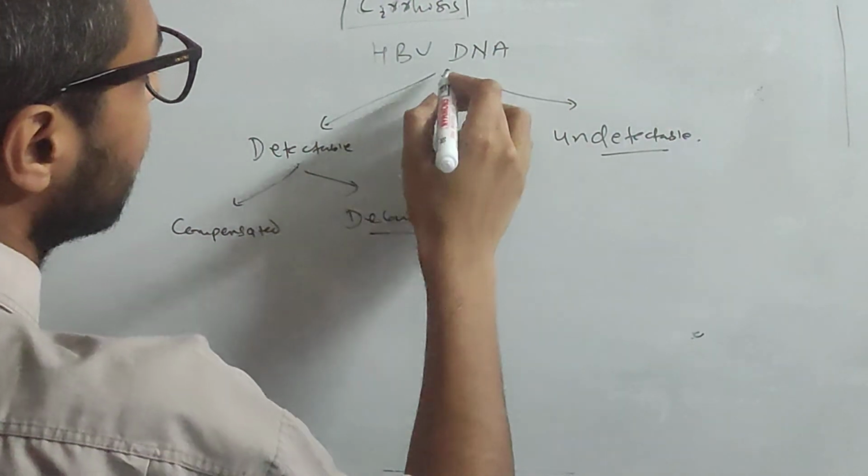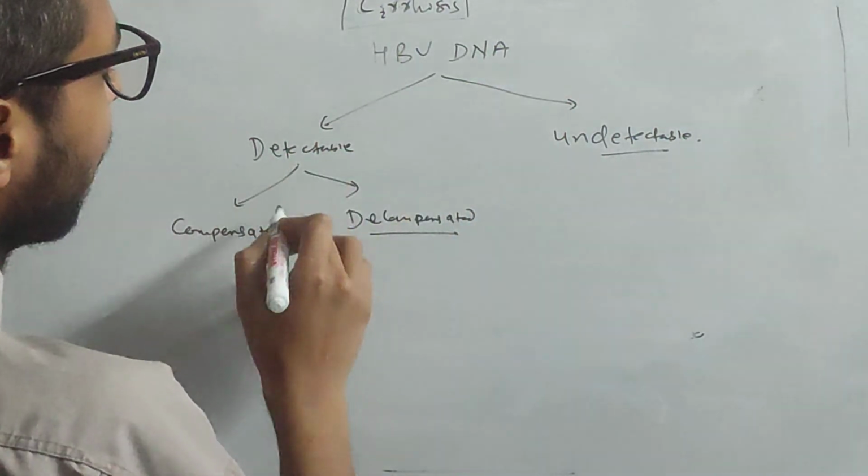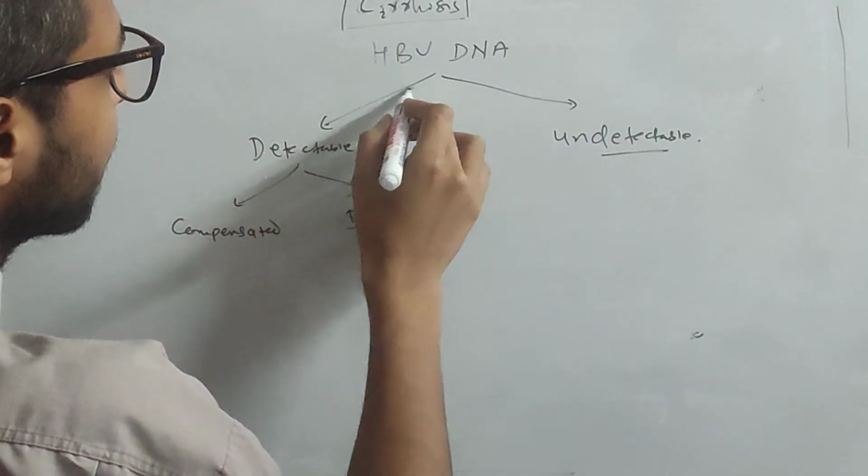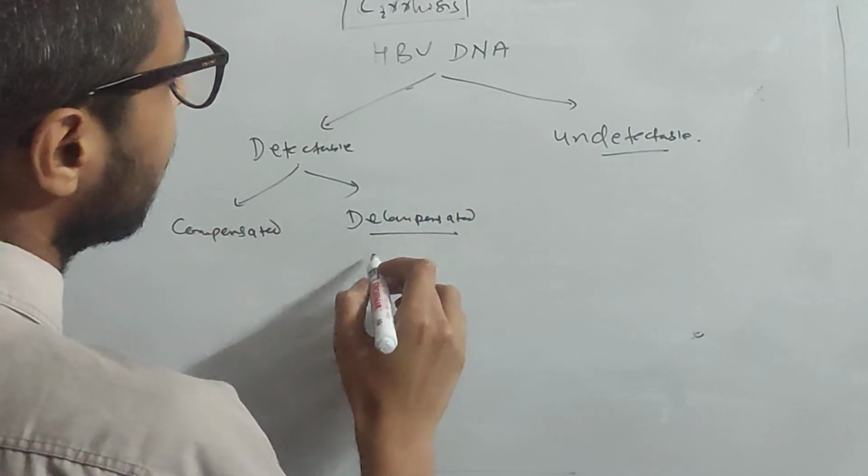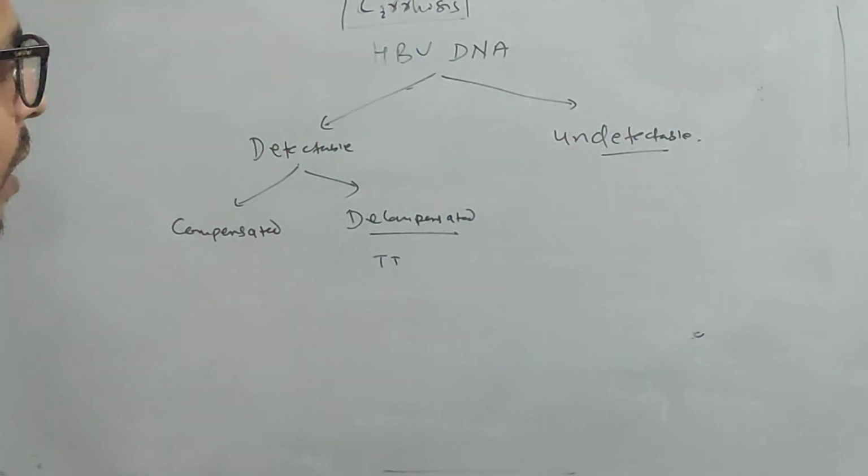So here you can see the viral load is detectable and it is decompensated cirrhosis. If you follow this arm, then you have to treat it with entecavir, tenofovir.